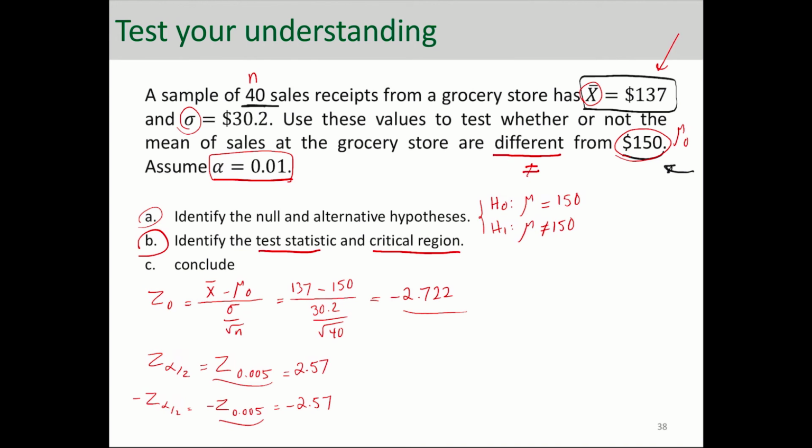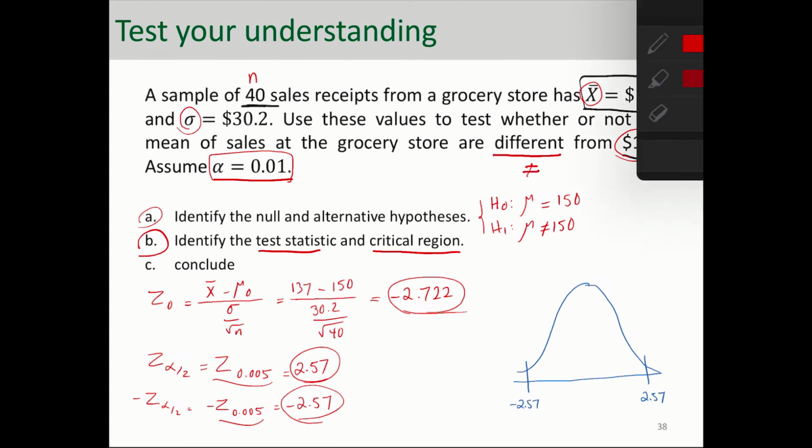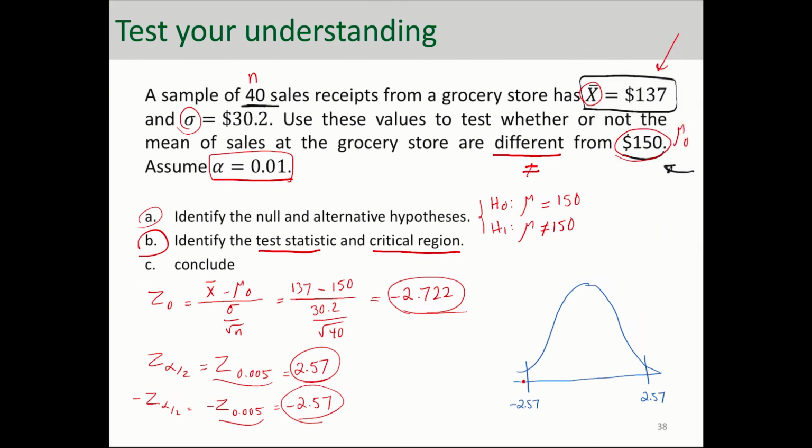So right here, we know what our conclusion is. We know our test stat, we know the critical region. Let's put that in graphical terms. Looks like the critical regions are negative 2.57 and positive 2.57, and our test statistic is here, negative 2.722.